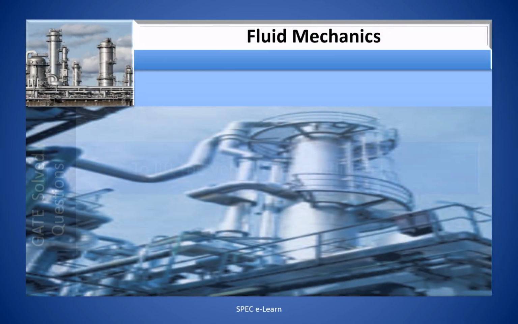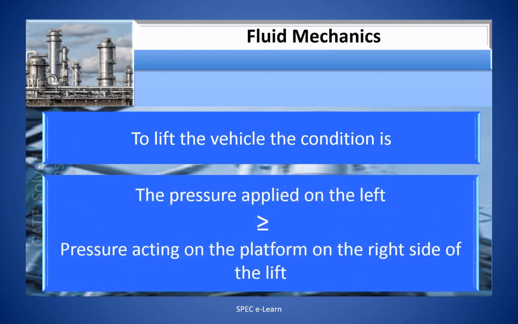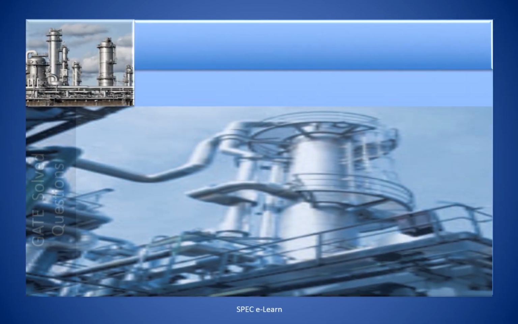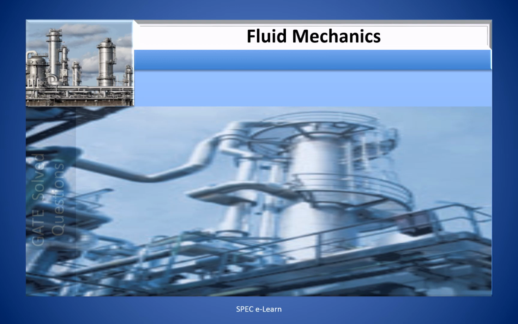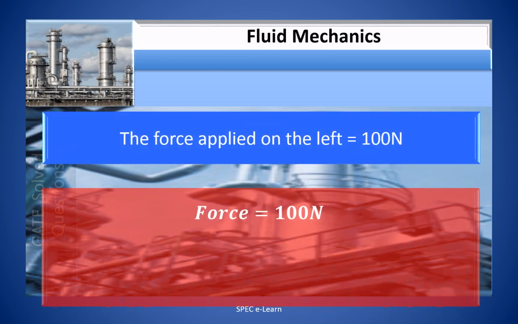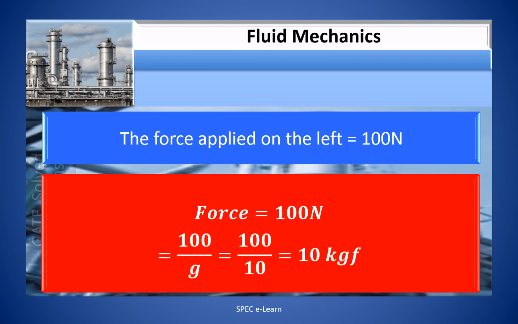To lift the vehicle, the condition is that the pressure applied on the left should be greater than or equal to the pressure acting on the platform on the right side of the lift. The force applied on the left is 100 Newton. So the force converted into kg force equals 100 by 10, which works out to 10 kg force.